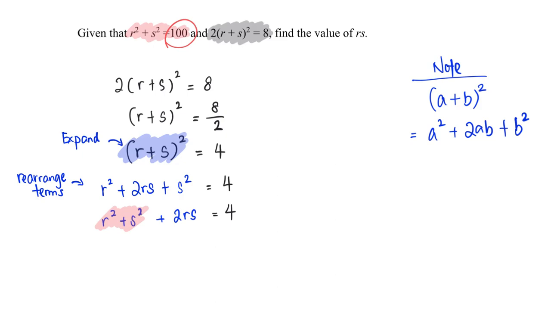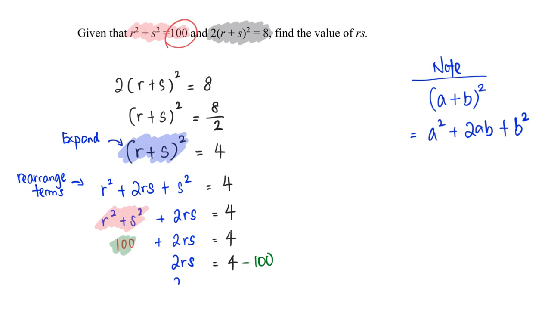So I'm no longer going to write r squared plus s squared anymore. I'm going to just write it as 100. And I'm going to minus 100 on both sides, so that my positive 100, you will see I'm minusing 100.